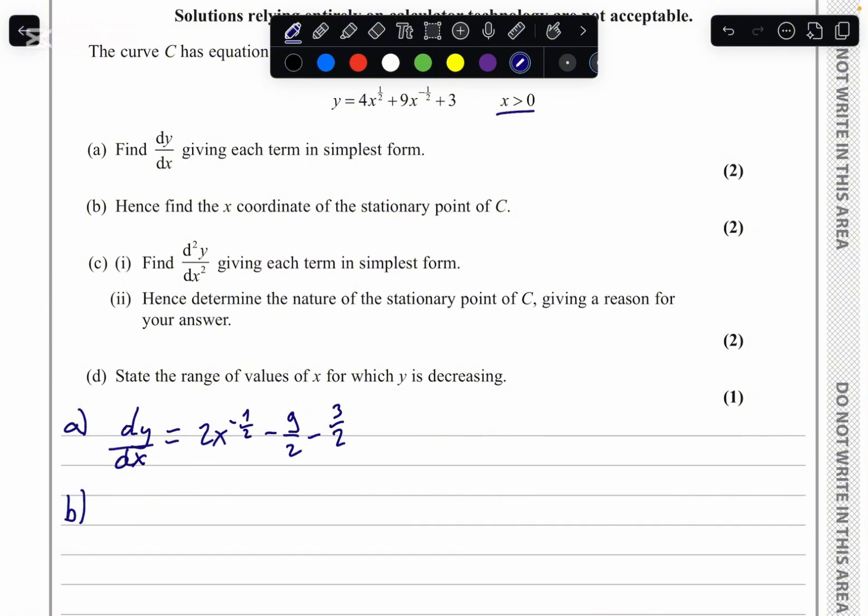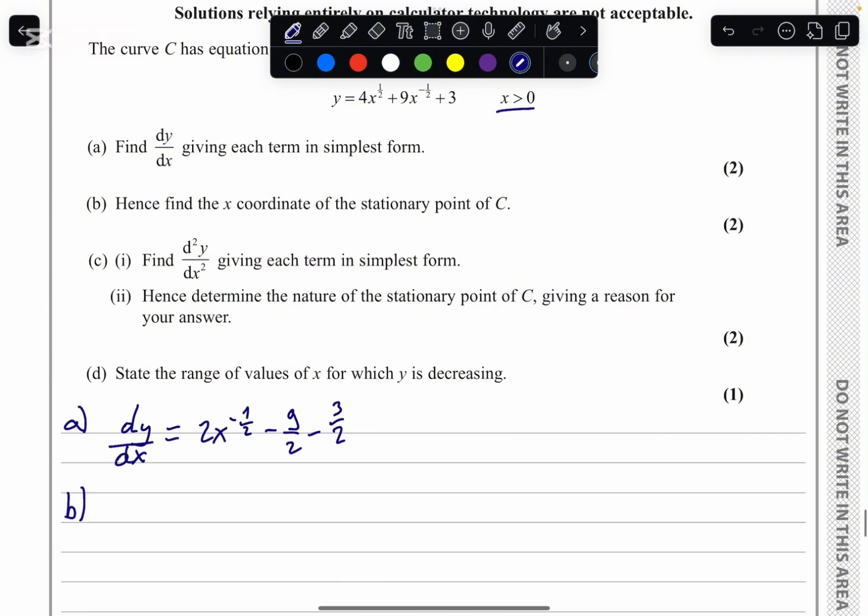Hence, find the x-coordinate of the stationary point of C. The stationary point is given when dy dx is equal to 0.